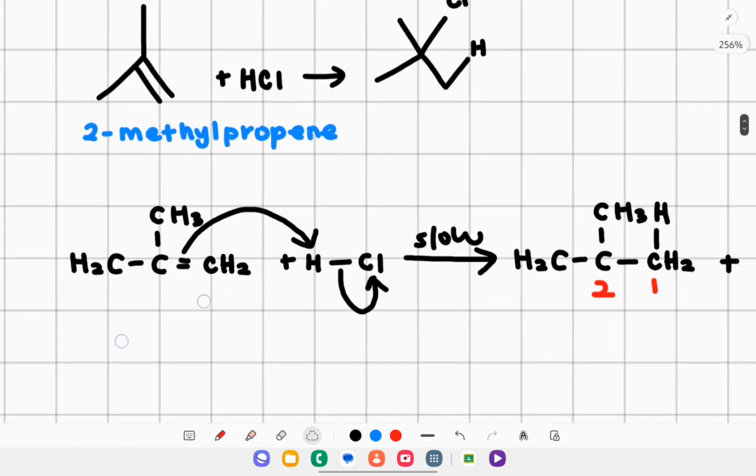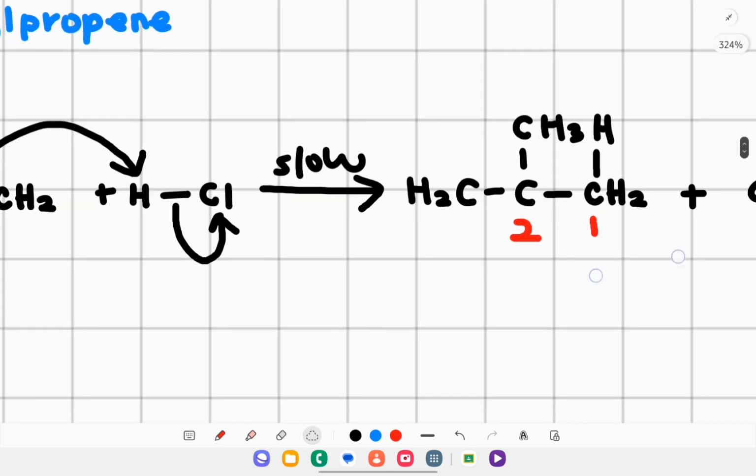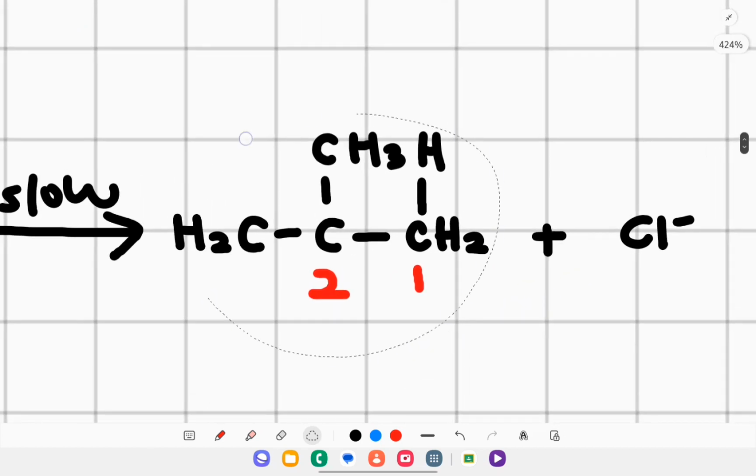We can compare here. Carbon number 1 contains 2 hydrogens. Carbon number 2 contains 0 hydrogen. So, the H atom from HCl will bind to carbon number 1. The new bond formation is like this.